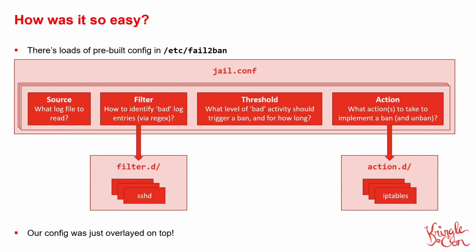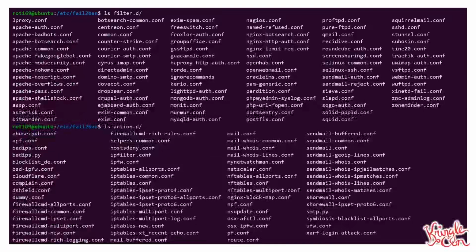We can examine these folders to see what other options are available to us just out of the box. Within the filter.d folder, we can see that there are configurations here to monitor a whole bunch of different web servers. We've got email servers, we've got database servers, and a whole bunch of other stuff as well.